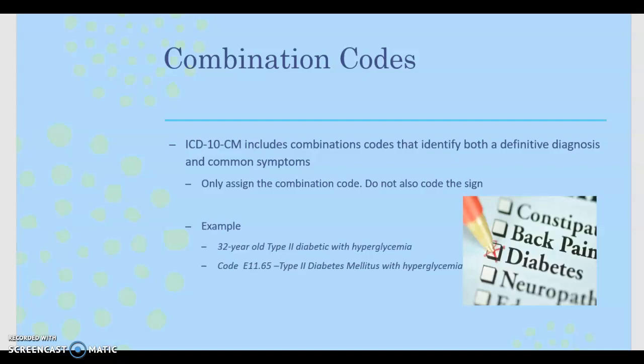If we have a type 2 diabetic with hyperglycemia, even though hyperglycemia is a symptom, it's included in that combination code. So we would code E11.65, type 2 diabetes mellitus with hyperglycemia, because it's all inclusive in the code description. We wouldn't code them separately. This only applies to combination codes.